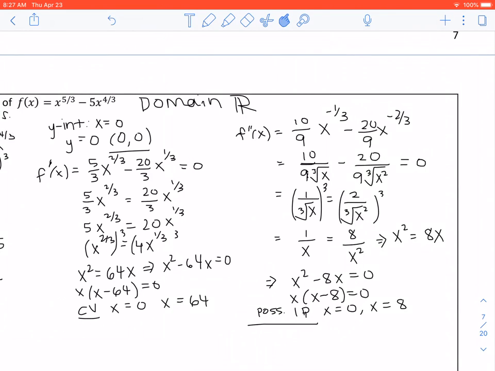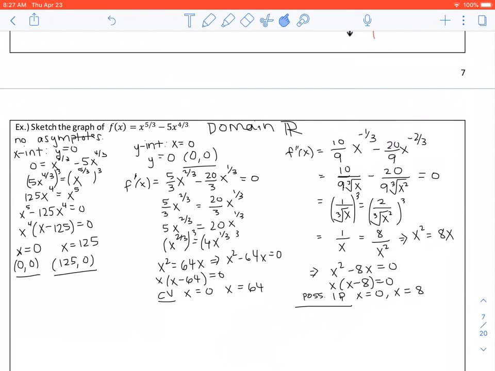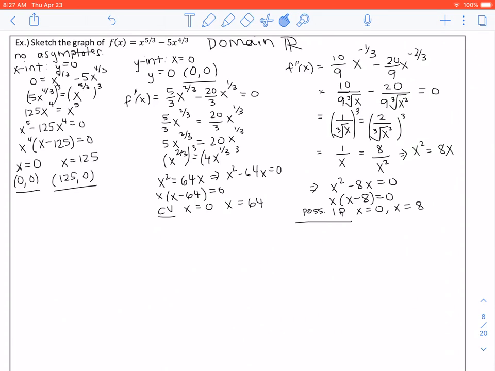So next thing that we're going to do is take all of this information and make a single number line. And our domain, again, was all real numbers. So I'm going to take my number line, and again, all real numbers. And I'm going to break this up based upon my critical values and my possible inflection points.